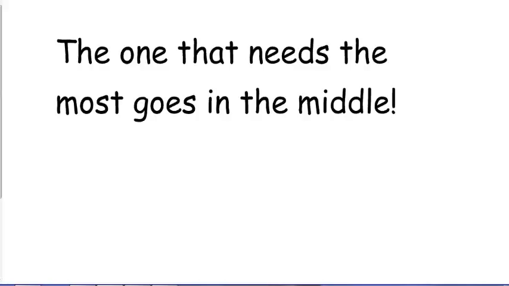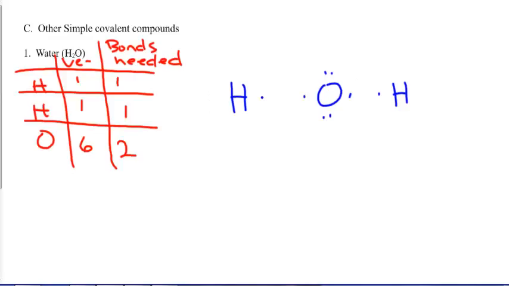You might even want to make a note of this somewhere on your paper. The one that needs the most is the one that will go in the middle. So in this case, oxygen needs 2, so I'm putting it in the middle of 2 hydrogens. And what I'll notice is that 1 plus 1 equals 2. So each hydrogen needs 1 and oxygen needs 2.